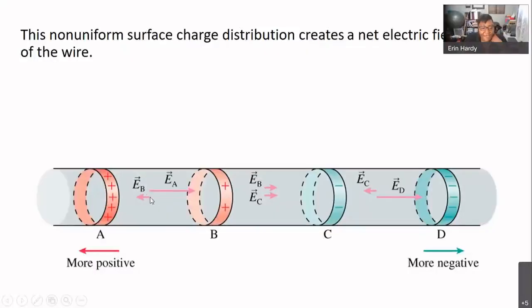To say that another way, imagine that we're placing a probe charge between slice A and B, and we're measuring the electric force that those slices would exert on the probe charge.